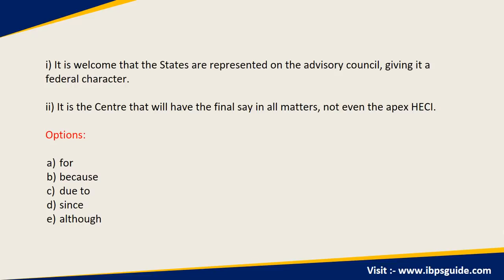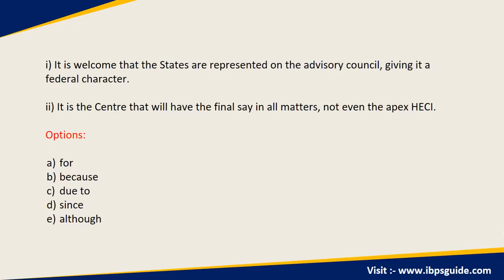The third option is due to. Due to again is used when we have a cause and effect relationship, and this sentence does not have that. The fourth option is since. And as we discussed earlier, since can be used to mention time, and since can also be used to mention a reason. In this question, we have neither mentioned time nor reason.